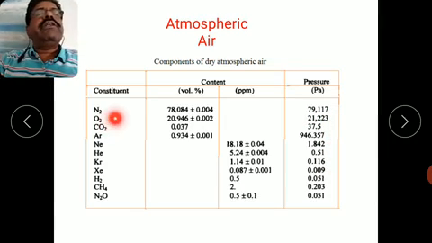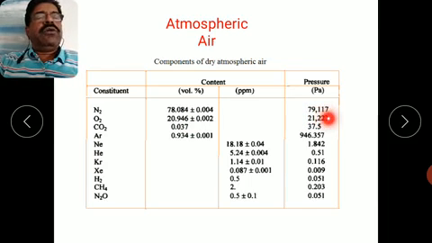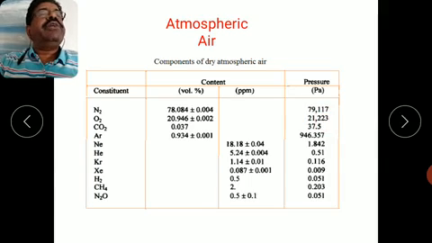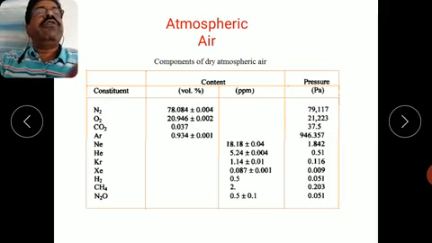For example, nitrogen, in atmospheric air, its percentage is 78.08, and its contribution to the total atmospheric pressure. Total atmospheric pressure means 1.05 times 10 raised to 5 Pascal, or approximately 1,05,000 Pascal. Out of this, 79,117 Pascal is the pressure contribution only because of nitrogen.